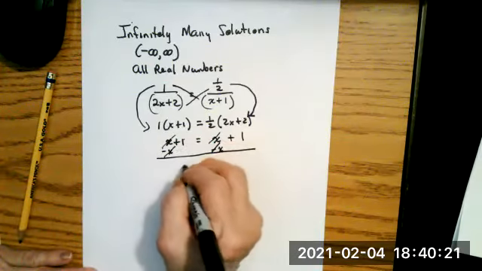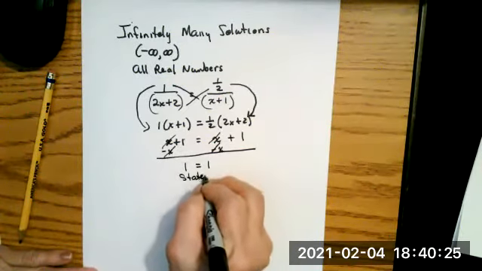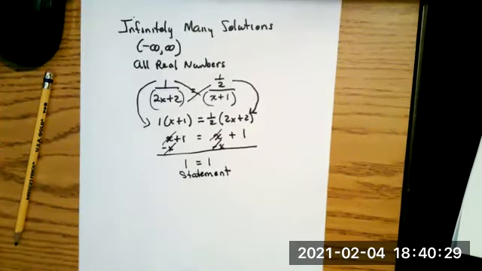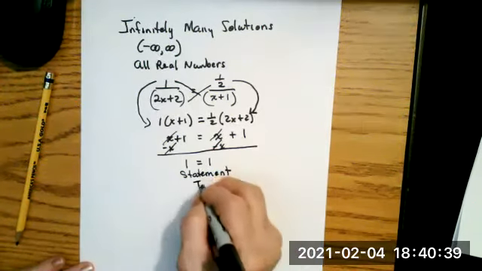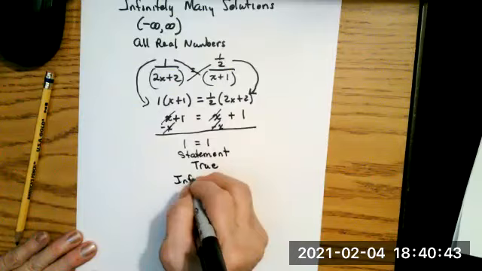They disappeared like they did a while ago. So what I have left is a statement. The statement will either be true or false. If it's false, the answer is empty set, no answers possible. If it's true, then your answer is infinite solutions.